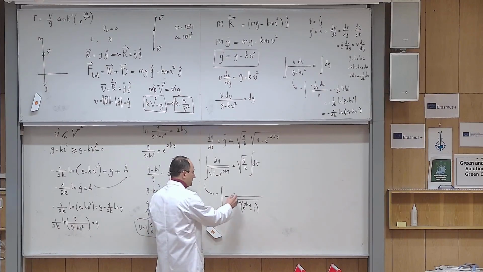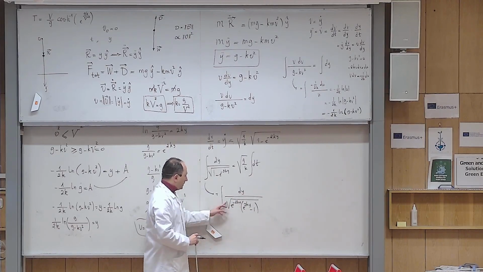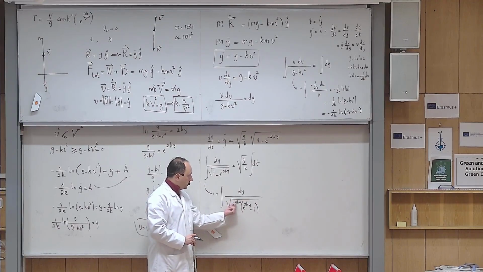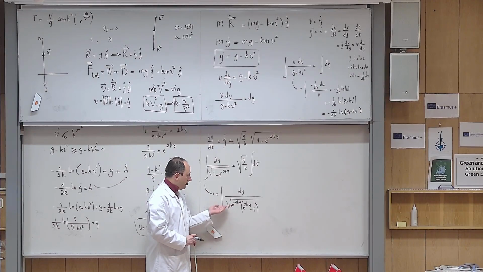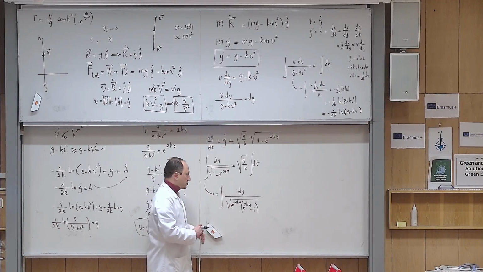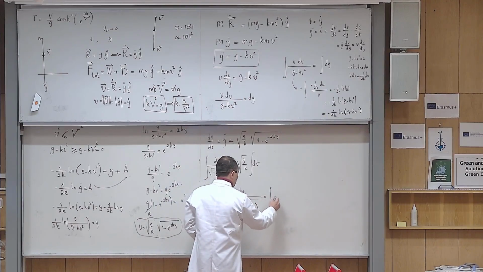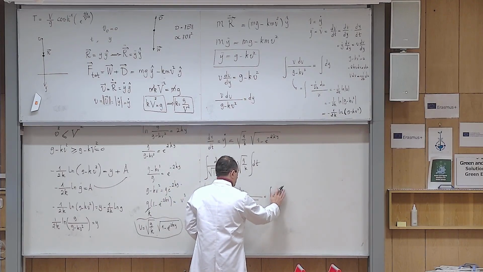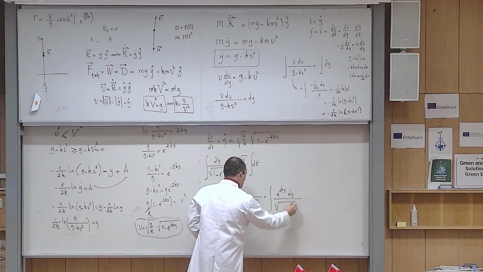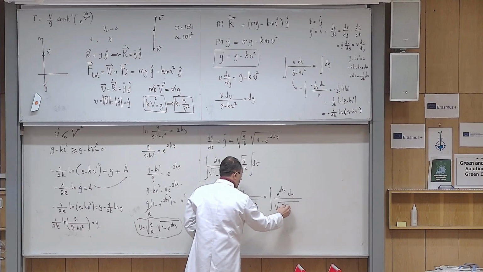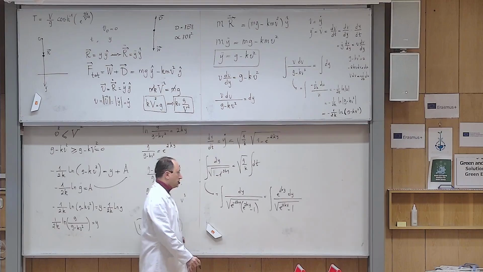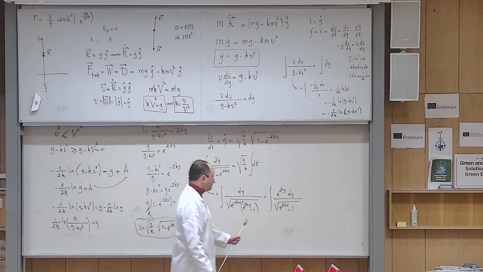But what is the benefit of that? This square root sign that you see here will help me to get rid of this factor of 2. So this will come out without this factor of 2, and this negative sign will help me to move it upward. So then it becomes the integral of e to the power of ky dy divided by the square root of e to the power of 2ky minus 1. But this is simple now. Why?